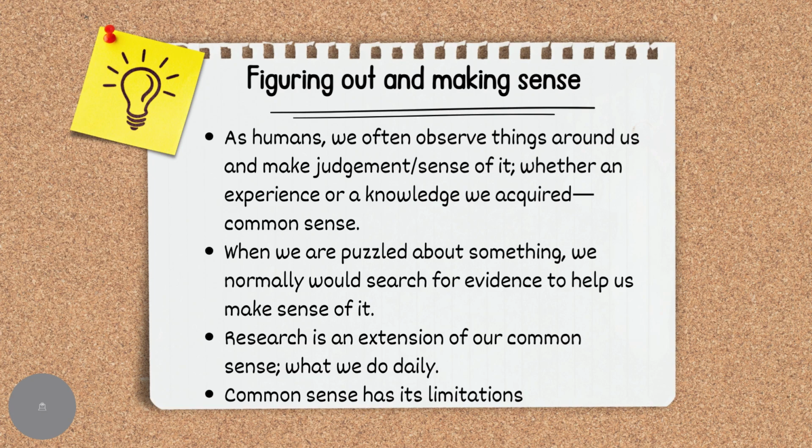We could think that probably the person had fallen, or there is a condition, or maybe it is to do with pain. We make judgments of whatever we observe, and that's something we all do.